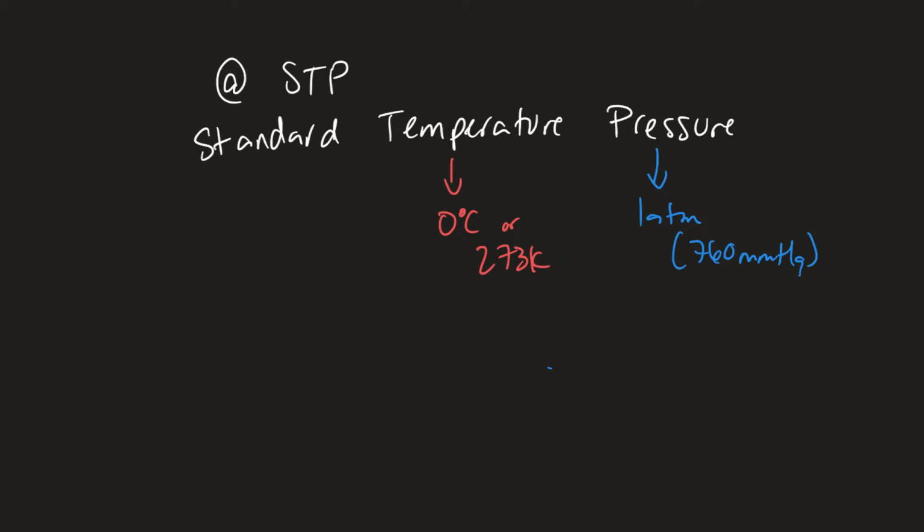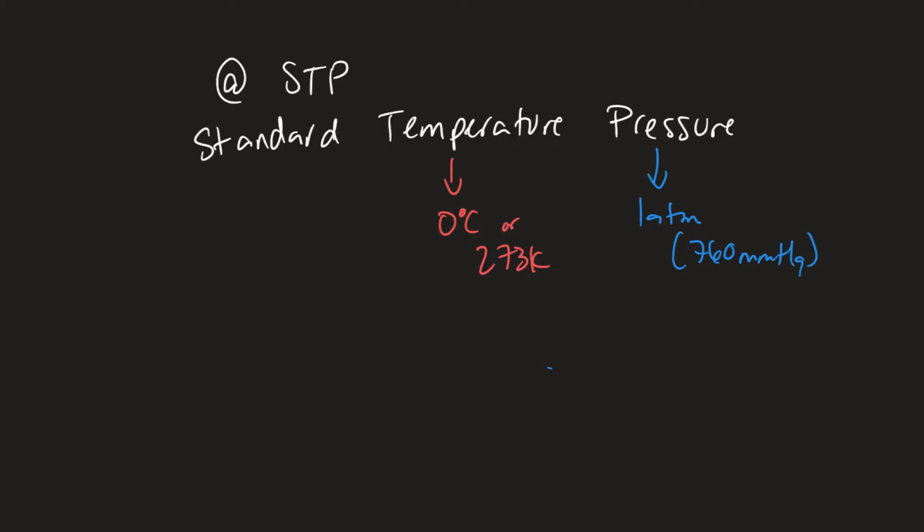So when we say something's at STP, we're saying specifically that the temperature is 0 degrees Celsius or 273 Kelvin, and the pressure is 1 atm or 760 millimeters mercury.